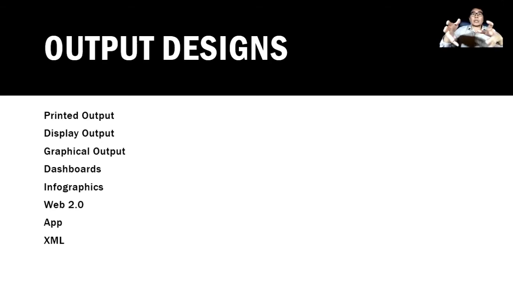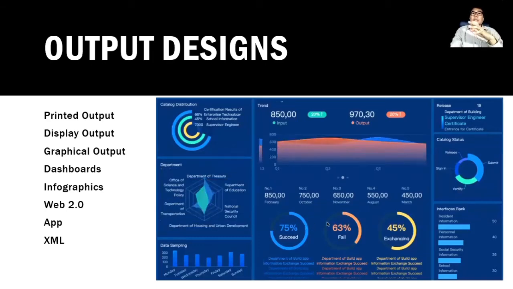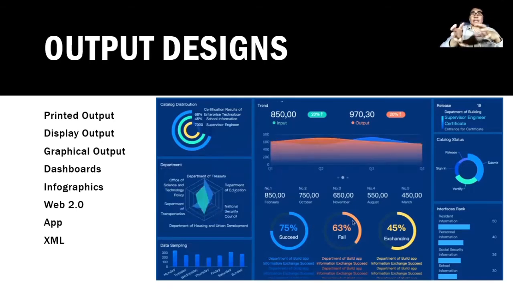And the fourth one is the dashboard. Dashboard is an output design that consists of a lot of aggregate information, and the aggregate information is shown in an indicators type. For example, it's similar to the car dashboard or your motorcycle dashboard. It will show us the indicators of some key performance indicators available in the company, for example, sales and so on.